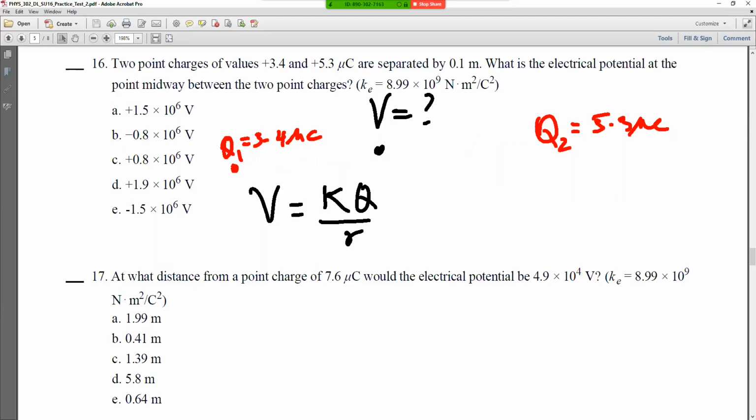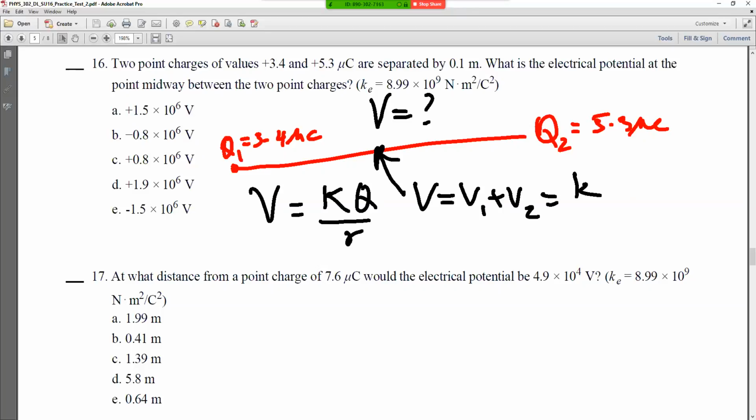So what I'm saying is at this point, V is equal to V1 plus V2, which is K times Q1 over R1 plus K times Q2 over R2.